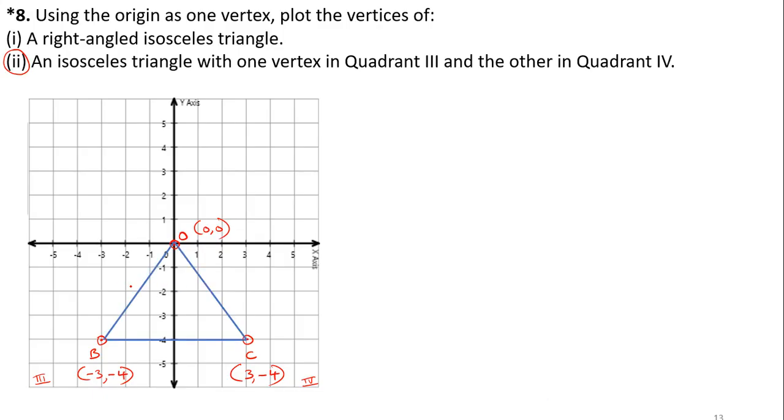Now here if you see, this side is equal to this side. So it becomes an isosceles triangle. These two sides are equal and this side is different. So here we will write OB is equal to OC.